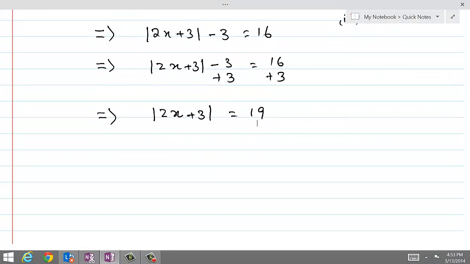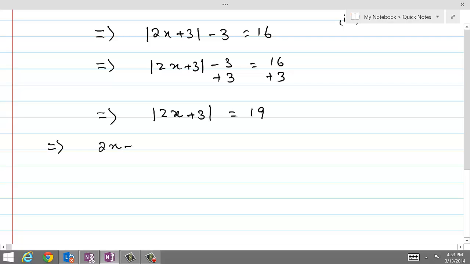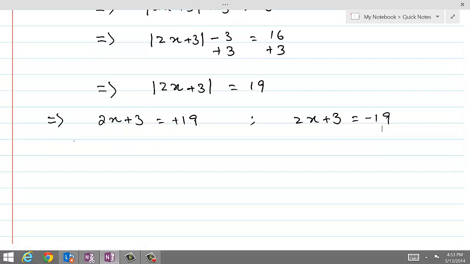Now we change this into two distinct equations, like I said in the first question, that either 2x plus 3 is equal to 19, or 2x plus 3 is equal to minus 19. We will solve both of these equations separately.